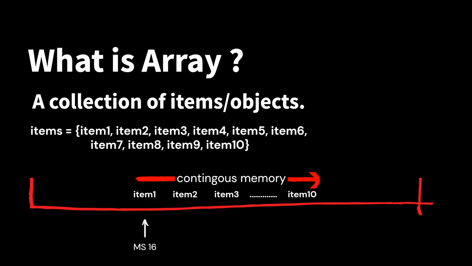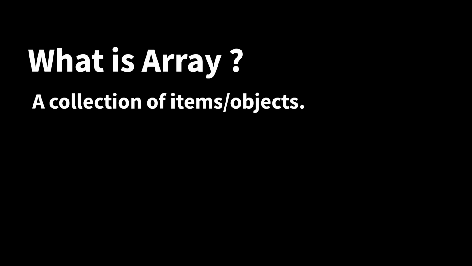Here you are storing your first element, and then you store your next element at the 17th memory space, and so on. Your 10th element would be stored at the 25th memory space.